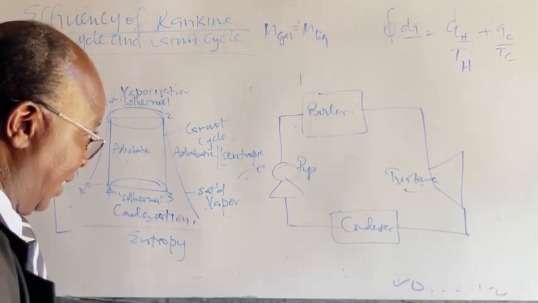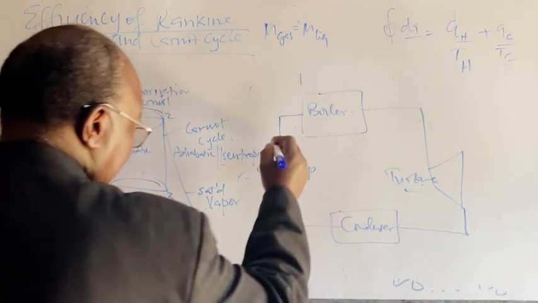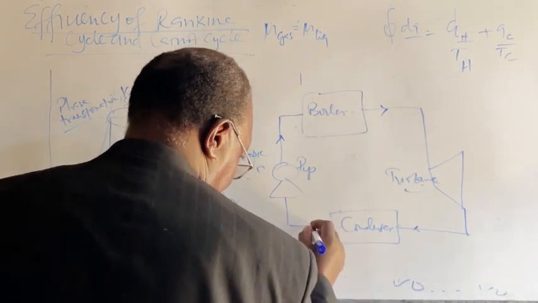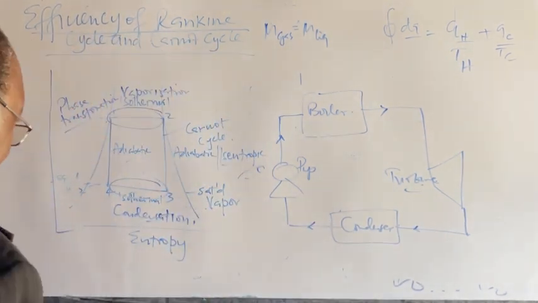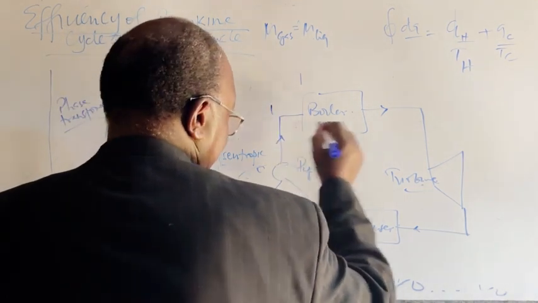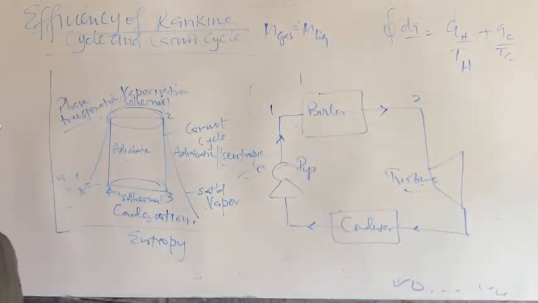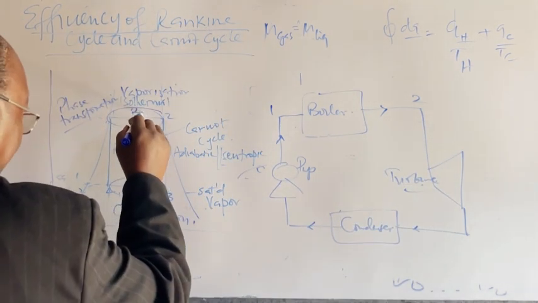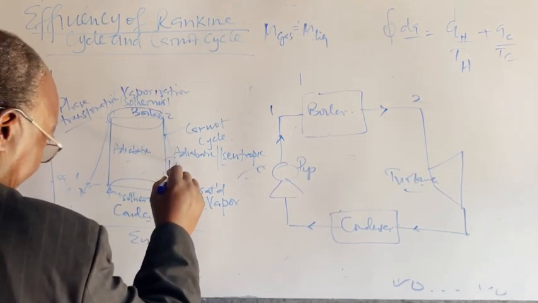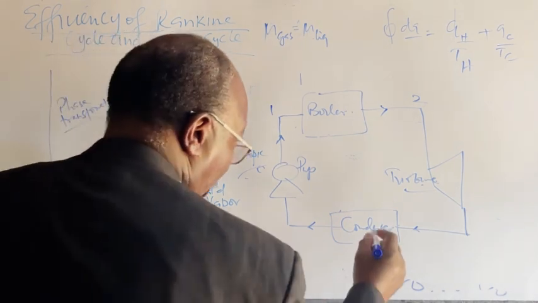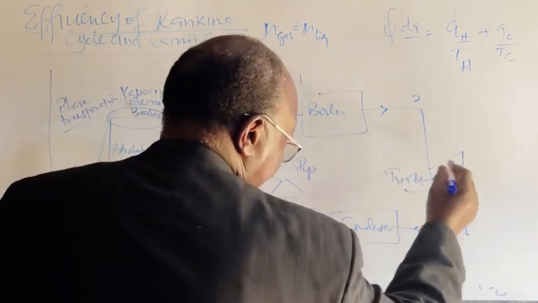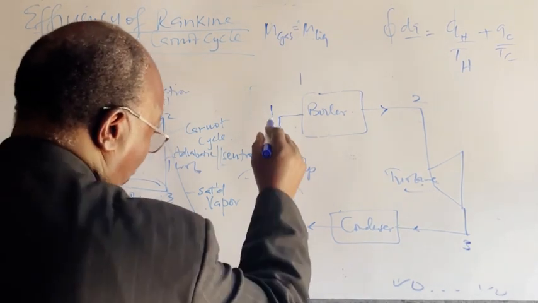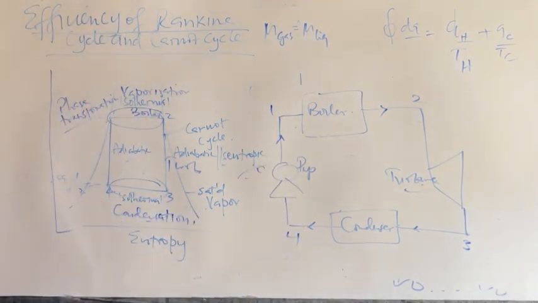So we are saying that in this Carnot cycle transposed on the Rankine cycle, the process 1 to 2 must take place in the boiler. The process 2 to 3 will take place in the turbine. So that one will take place in the boiler, 2 to 3 will take place in the turbine, 3 to 4, that's condensation, will take place in the condenser, and 4 to 1 will take place in the pump.